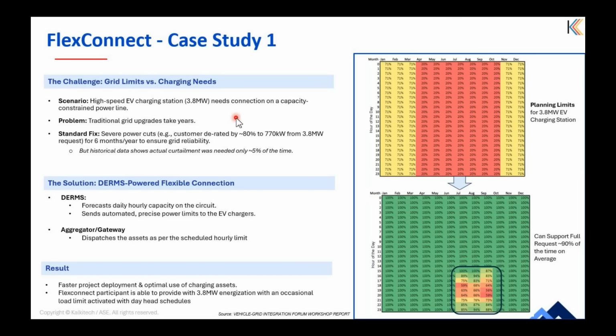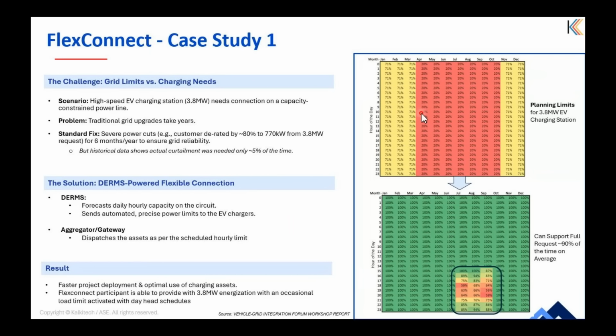So the standard fix for the situation is that the customer connection would be severely derated, cut by around 80 percent. You can see that is around 770 kilowatts from 3.8 megawatts for 6 months from April to October, to ensure the overall grid reliability.